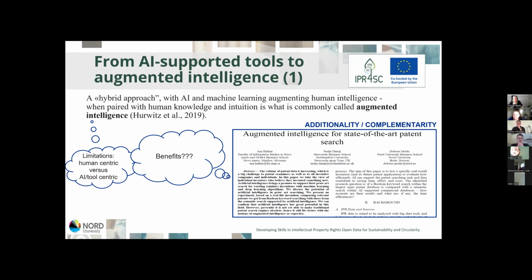More recently, we've been looking at these IP tools, and we're asking ourselves, okay, we had some tools before, right? If we try to do a search with these new AI-supported options, how does that compare? And what we can see from the beginning stages of this research is that it's additional or complementary.